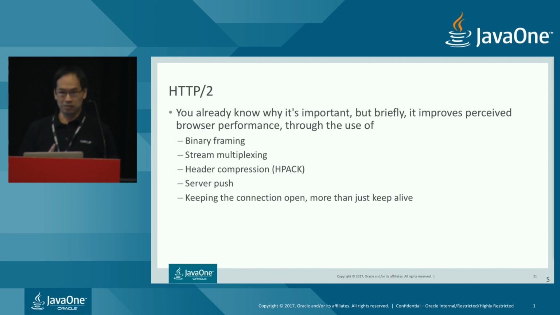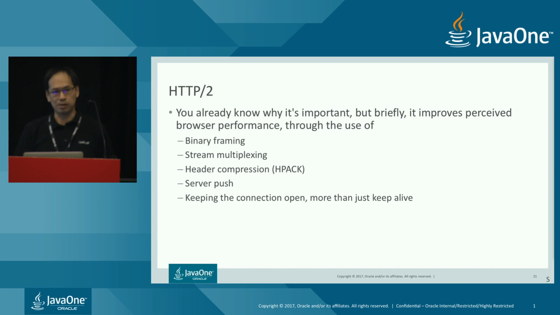The second one is stream multiplexing. In HTTP 1.1, what you have is one request, one response, one request, and one response. There is also a feature called HTTP pipelining in 1.1. Basically, it says that you can send multiple requests at the same time: request 1, request 2, and request 3.